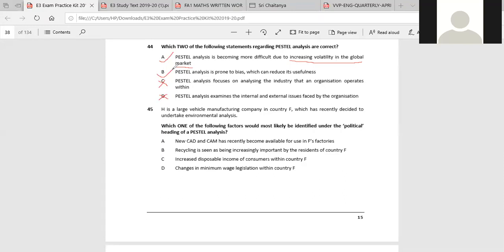Did you understand the question? Pearl says it's D. H is a large vehicle manufacturing company in country F which has recently decided to undertake environmental analysis. Which one of the following factors would most likely be identified under the political heading of a PESTLE analysis?